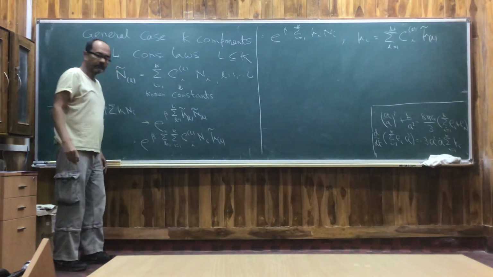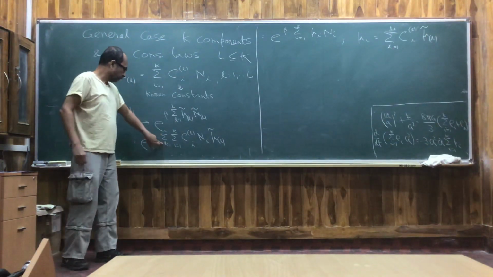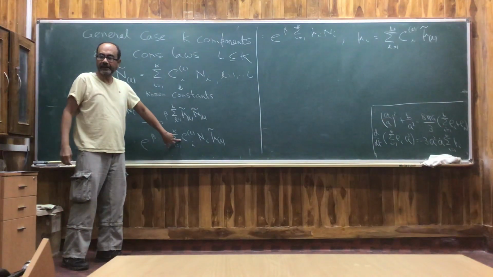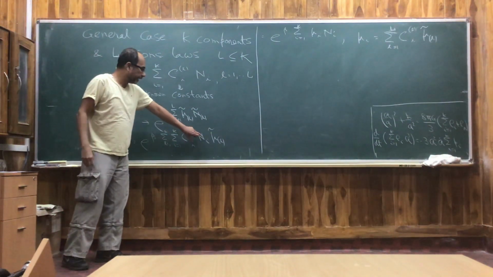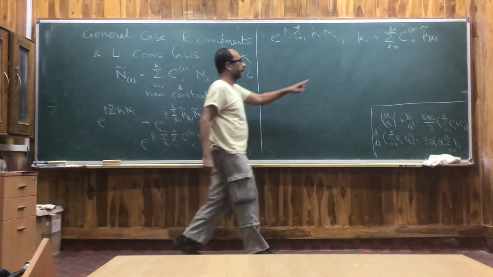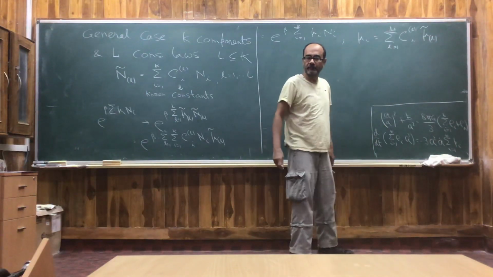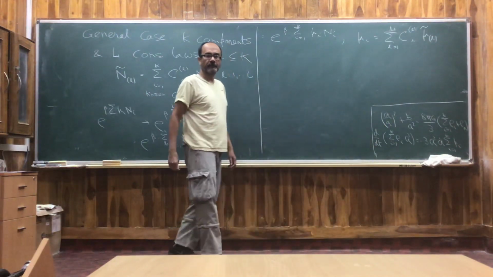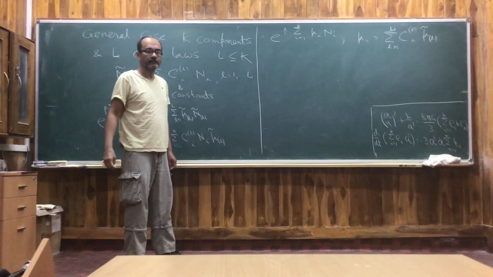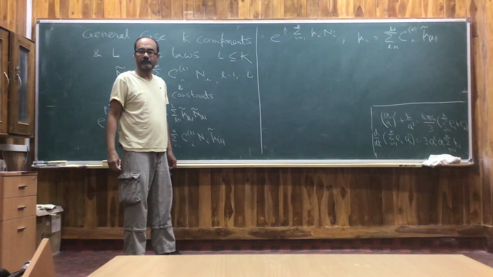This sum I took the sum over L inside, right? And whatever was multiplying Ni, I called mu I. Is this clear?